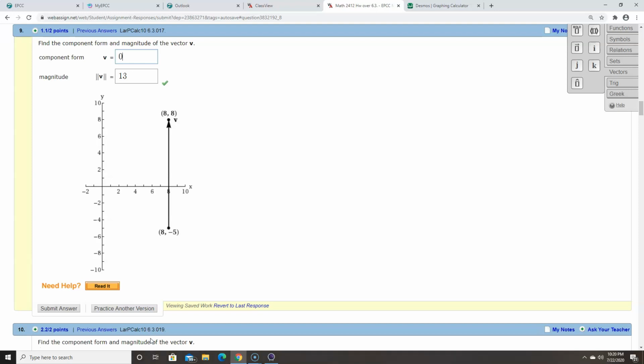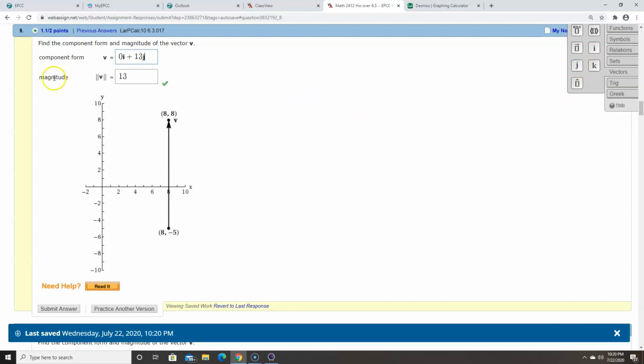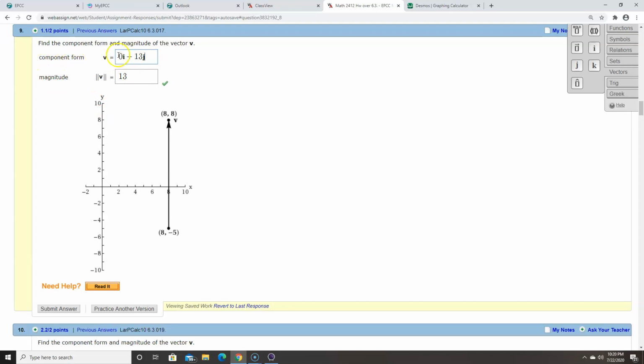So you have to use specifically this bold-faced i, which represents a 1 horizontal unit vector. So 0i plus 13j. I don't know if it's going to mark it right or wrong. I mean, we're writing it not in component form, but as a linear combination of i's and j's.